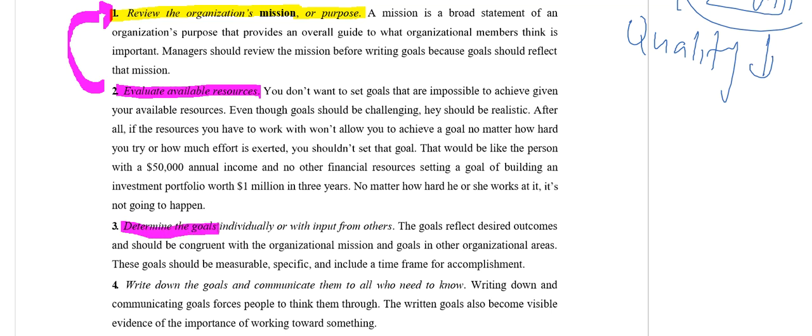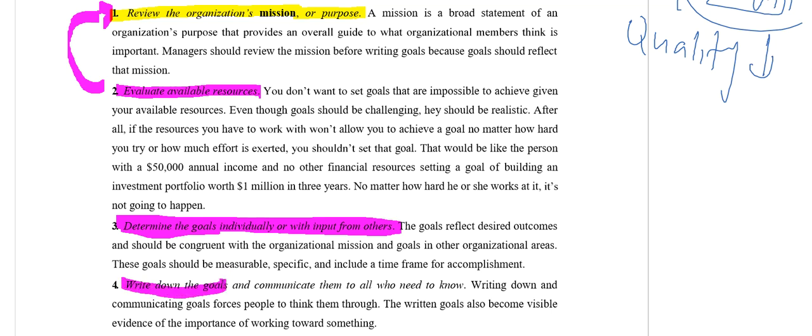Then, determine the goals individually, with input from others. As we have decided the mission and arranged the resources, we have to set the goals for the individuals.